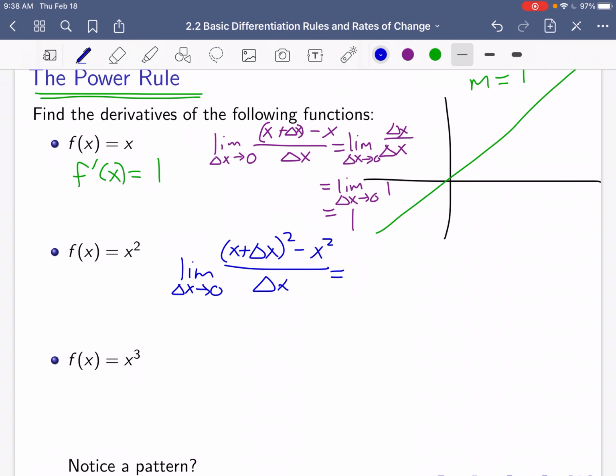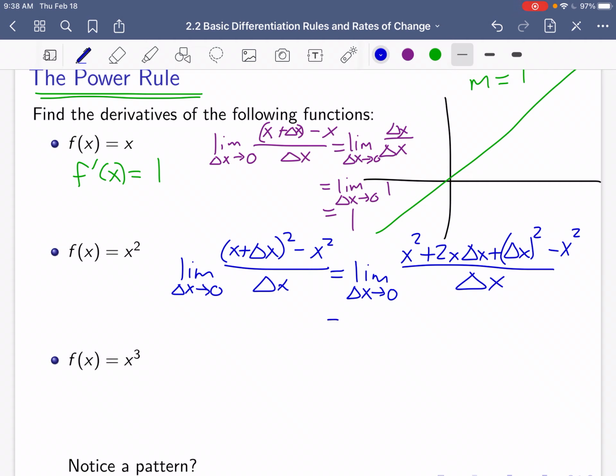If you FOIL out the top, we will have x squared plus 2x delta x plus delta x squared minus x squared all over delta x.